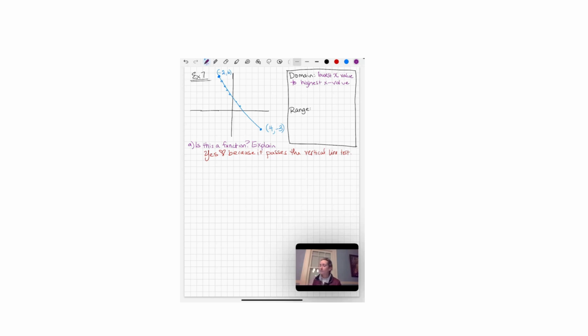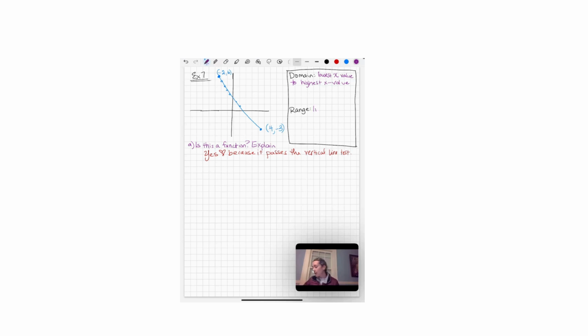So it's not going to be a list of numbers with curly brackets. It's just going to be a report of the lowest and the highest. And then the math people assume everything in between. Notorious laziness. Range is samesies, except this time with the y value.